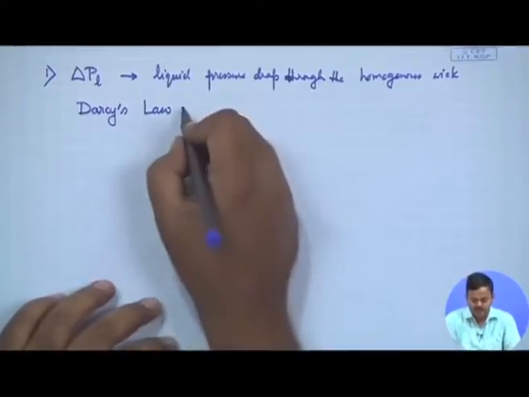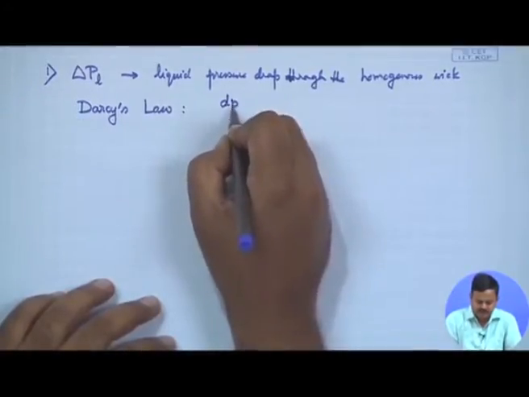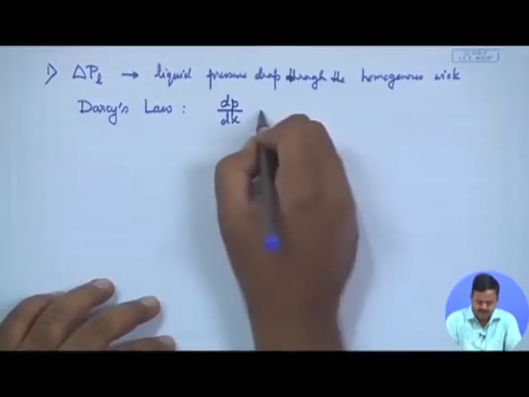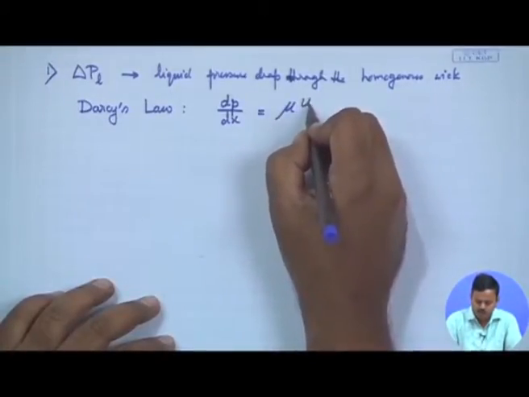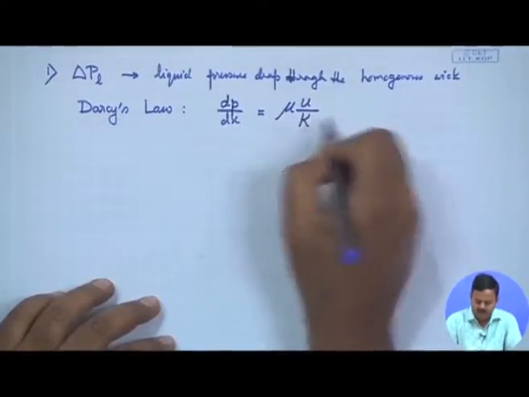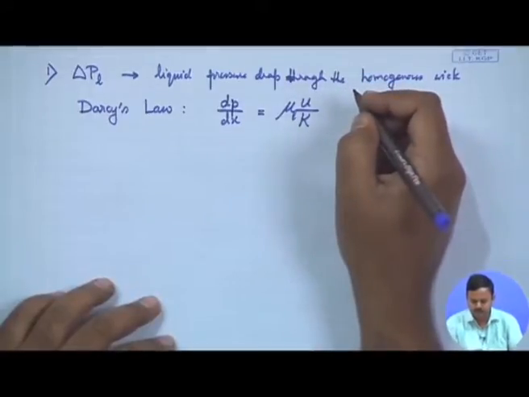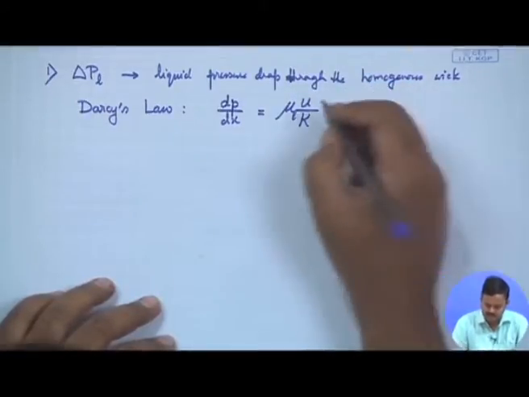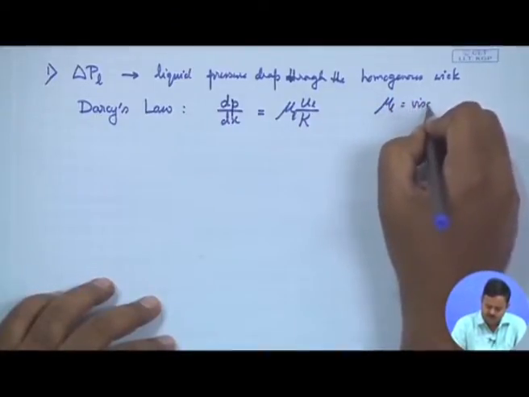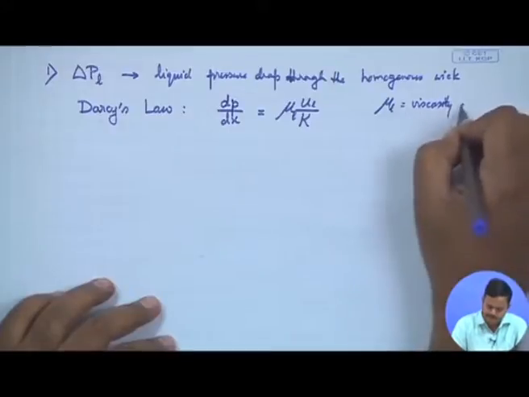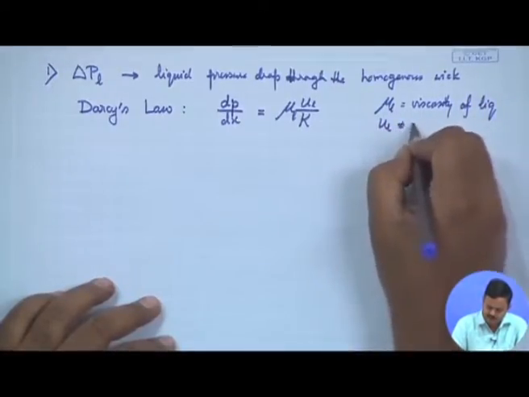So, we are going to use Darcy's law, which states that the pressure gradient dP/dx can be given as mu u over k, in this case mu L, where mu L is of course the viscosity of liquid, and UL is velocity in that direction.